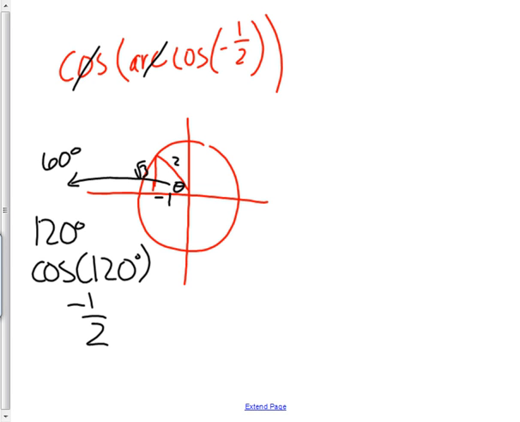I want to just throw one in here quickly. What if I did cosine arc cosine of 2? So this is an instance where you can look at this number, and this is our domain value. That's what we're inputting. What is our domain for arc cosine? Negative 1 to 1.